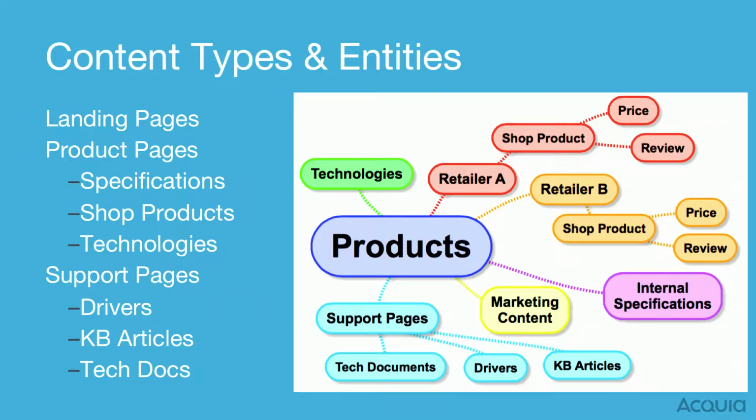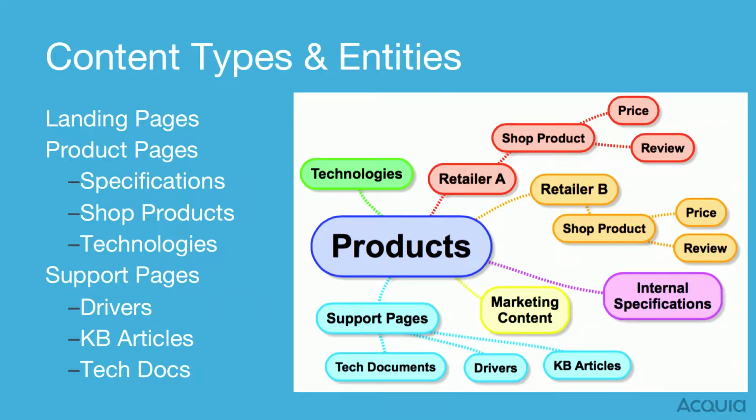But aside from the landing pages, we've got our products, and products are really at the center of everything for this site. So that's where most of the content types and the data are built around.